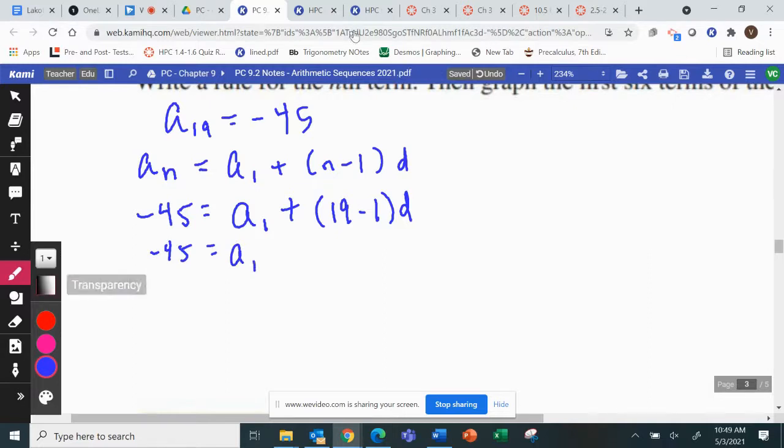Oh, and I know my d. Sorry, I forgot to plug in the d. What was the d? Negative 3, thank you. So then I get 18 times negative 3, which is negative, is it 54? 52? No. What is it? 54? Yeah.